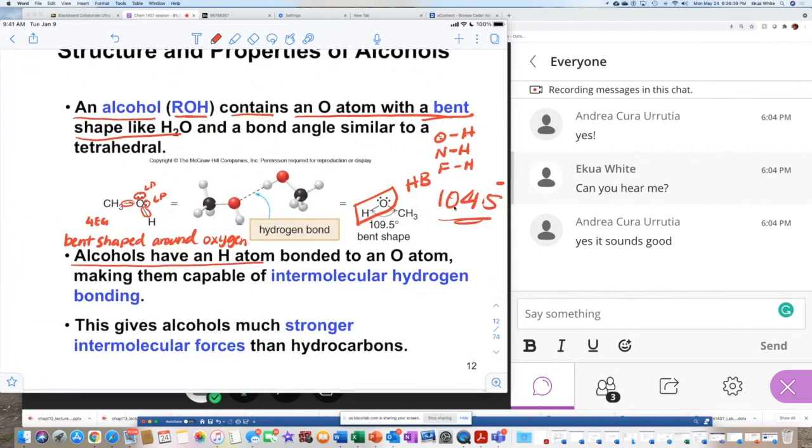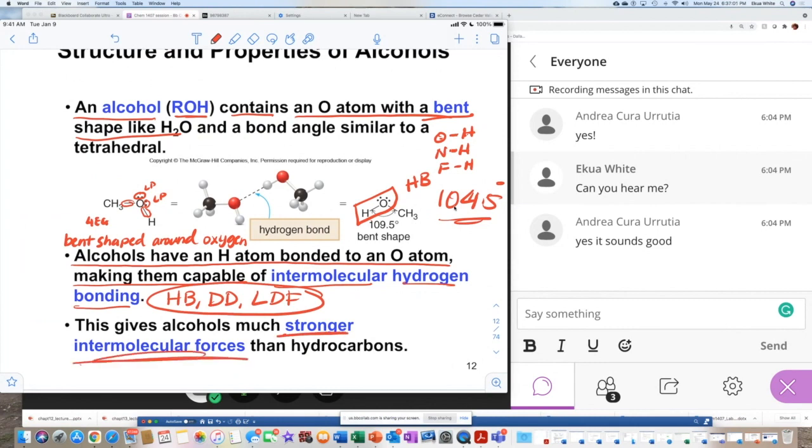Alcohols have an H atom bonded to an O atom, making them capable of intermolecular hydrogen bonding. We also said before, if a molecule has hydrogen bonding, it also has dipoles and London dispersion force. So it has all three because hydrogen bonding is the highest, so it has the other two. Because of that, it has very strong intermolecular forces.